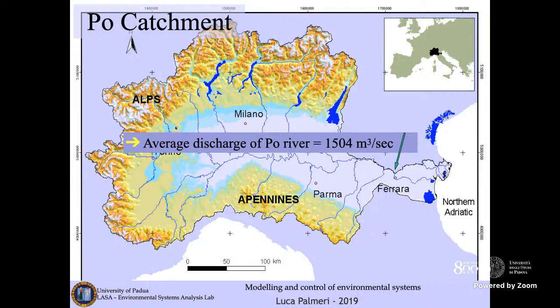The Po River, hydraulically speaking, is really a monster. It is one of the 6 largest rivers in Europe. And when I say large, I mean that the discharge in Ponte Lago Scuro is more than 1,500 cubic meters per second of water that transits at the basin closure.